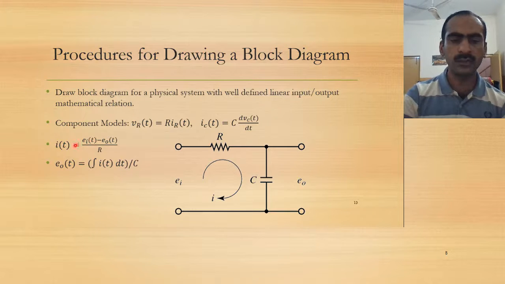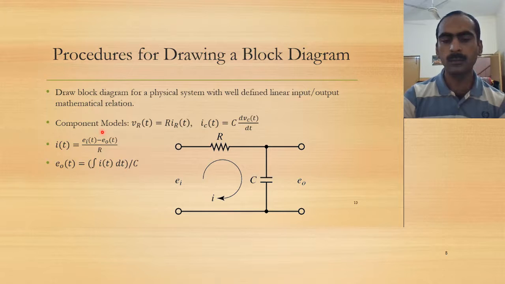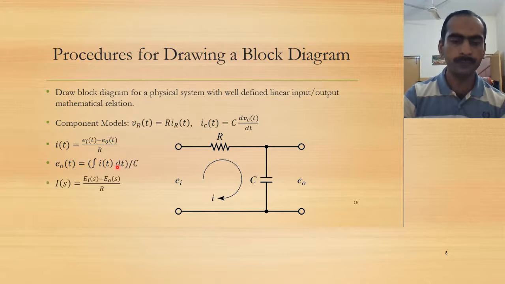These two equations can be changed to the Laplace domain, and the current equation becomes I(s) is the Laplace transform of the input voltage minus the Laplace transform of the output voltage, divided by R. Similarly, the output voltage in Laplace is I(s) divided by s times 1 over C. The integration process is replaced by 1 over s.